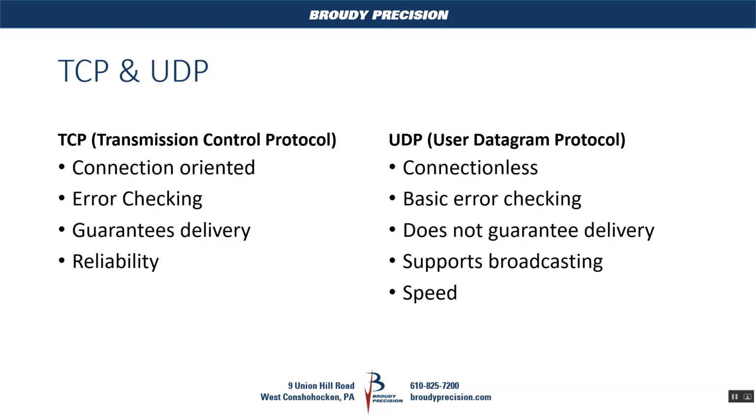Because TCP has more overhead, it's a little bit slower at getting the data across. Because of that, UDP is typically used for things like video streaming, phones, so voice over IP phones that might be in your office, whereas TCP tends to be just about everything else.